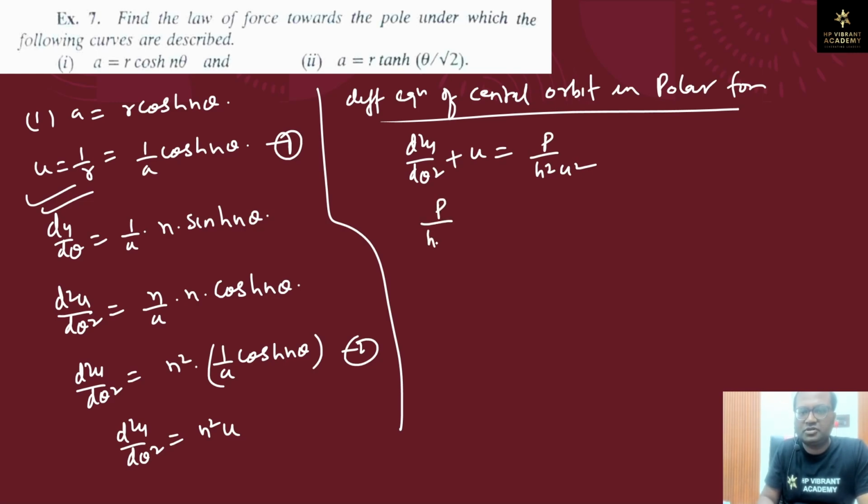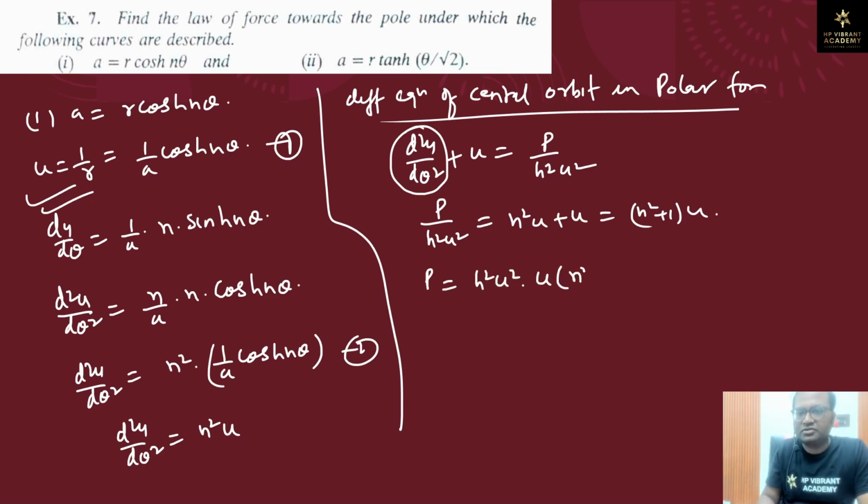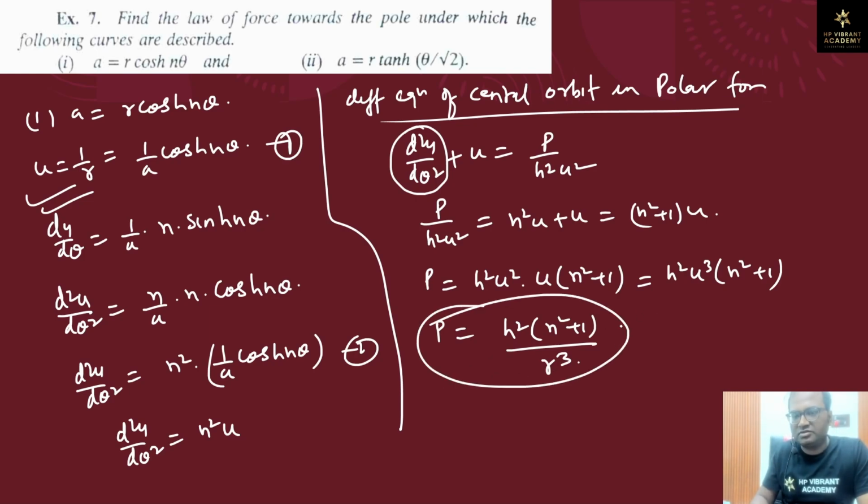So we have p upon h square u square is equal to, let us place the value of d2u upon d theta square, n square u plus u, which is u times of n square plus 1. So we have p is equal to h square u square into u times of n square plus 1. So this is equal to h square u cube into n square plus 1. So from here we have p is equal to h square into n square plus 1 upon r cube. So we have the central acceleration given by this particular expression. So we have p inversely proportional to r cube.